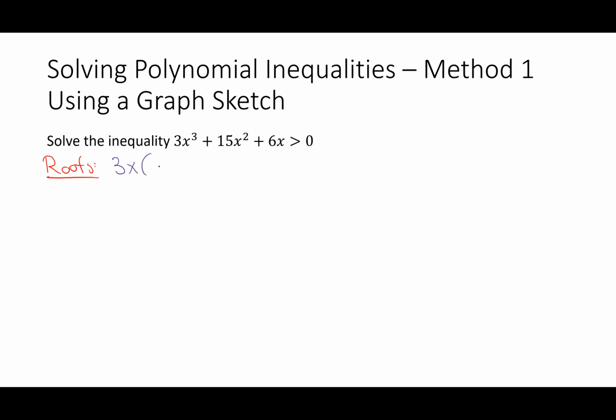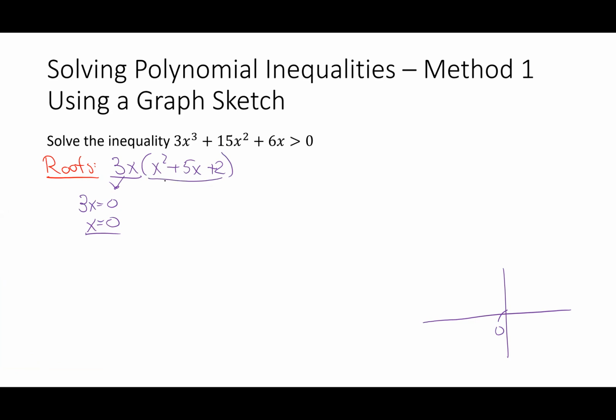So I factor out 3x, and then I'm left with x squared plus 5x plus 2. Here I'm going to set 3x equal to 0, divide both sides by 3, and I get x equals 0. That's a root. Wonderful. So in my graph sketch down here, I know that there's going to be a 0 at the point of origin.